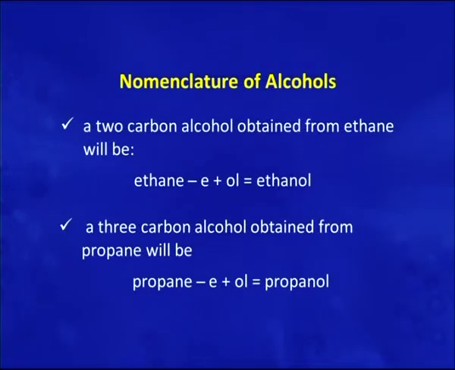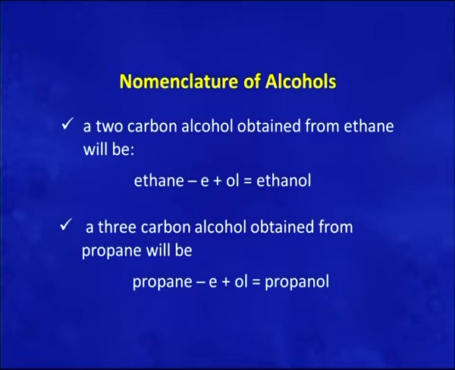In case of ethanol, if I delete E from ethane and add OL, it becomes ethanol, or we can say a 2-carbon alcohol is named as ethanol. Similarly, a 3-carbon alkane is propane. Deleting E from that and adding OL, it becomes propanol. So, a 3-carbon alcohol is named as propanol.